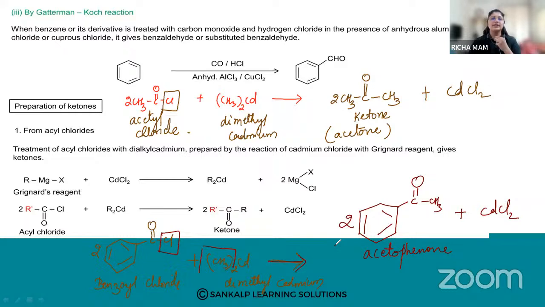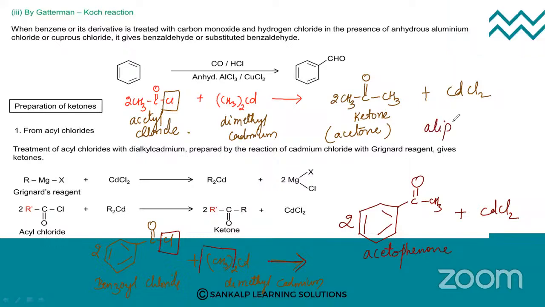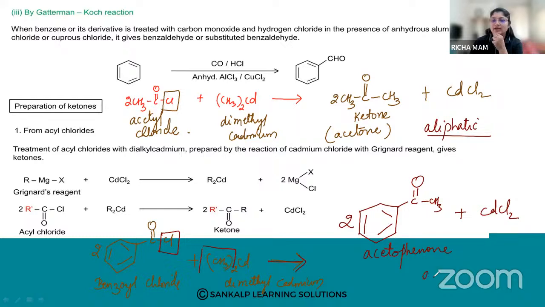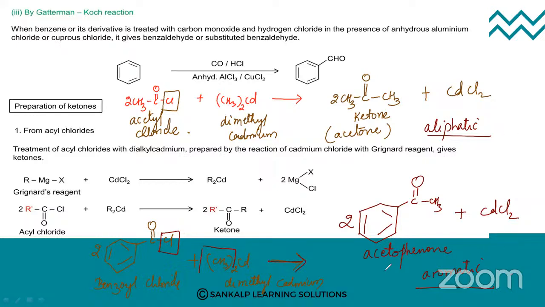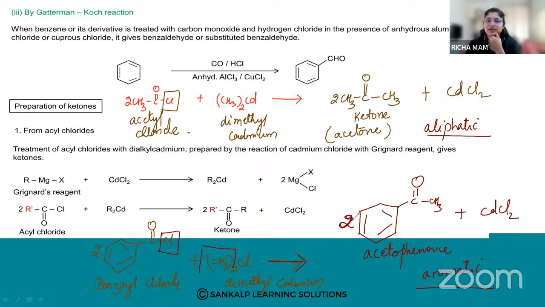Got it? So we can prepare aliphatic ketones and aromatic ketones also. Here we have replaced CH3 only once. It is balanced, right?